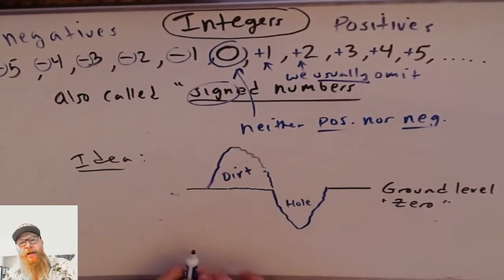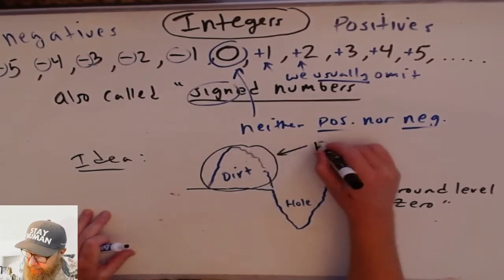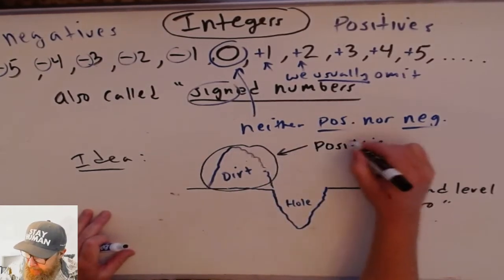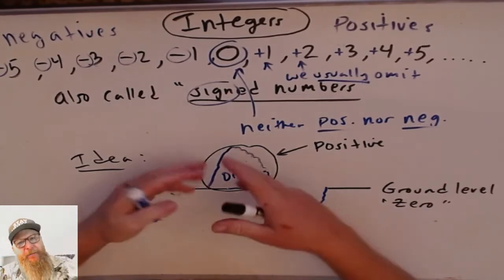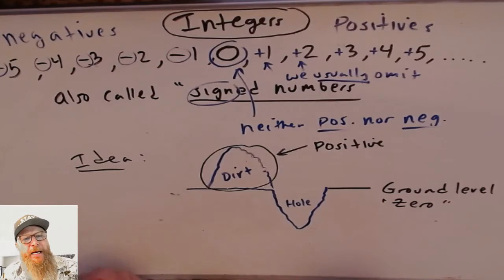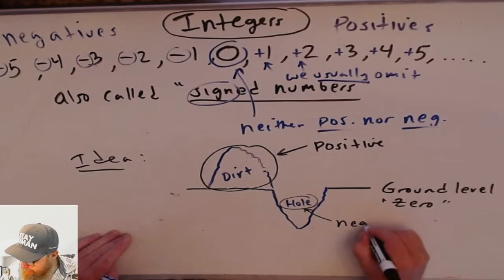The actual dirt, the quantity of the dirt, is positive. I could put it on a scale, I could measure it, I could give it a quantity, call it 2 cubic feet of dirt or whatever you want to call it, as a positive value. It's the actual dirt. The empty hole is negative.